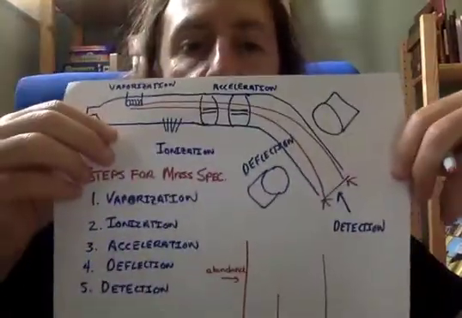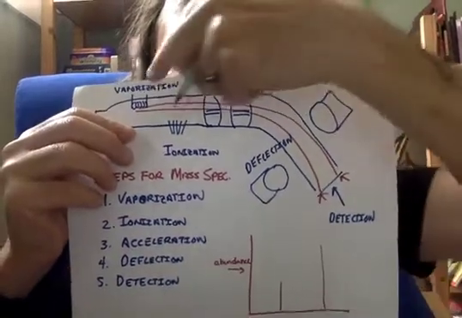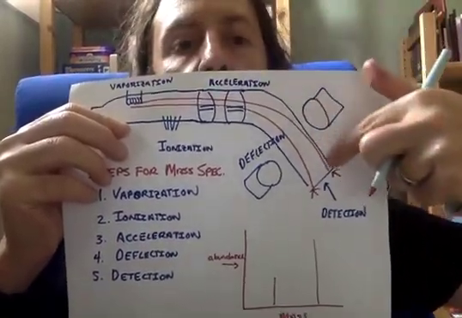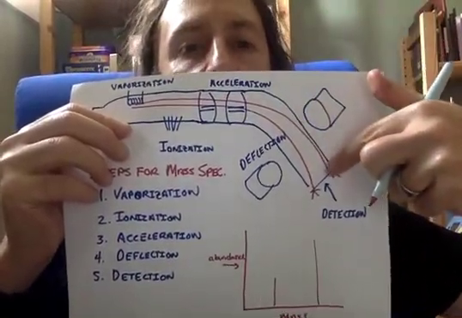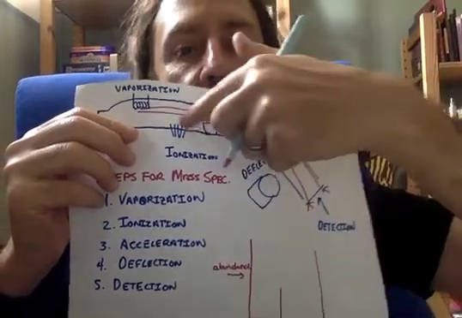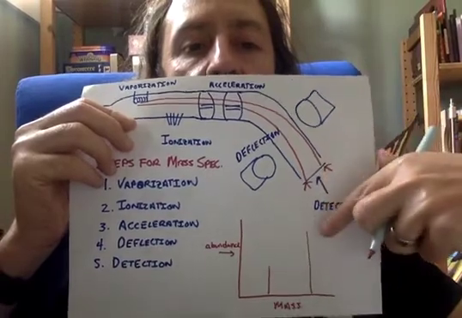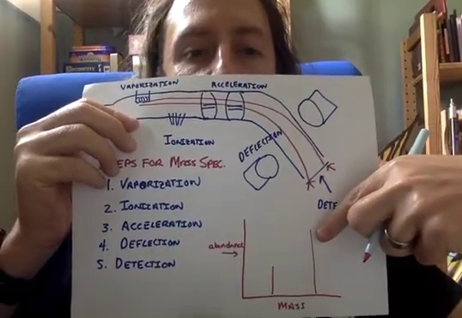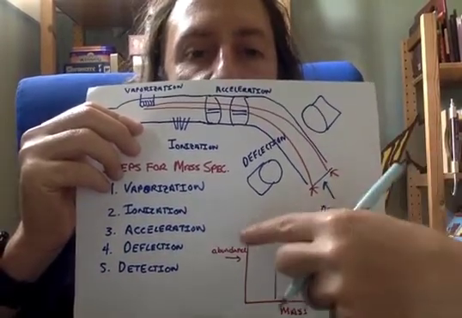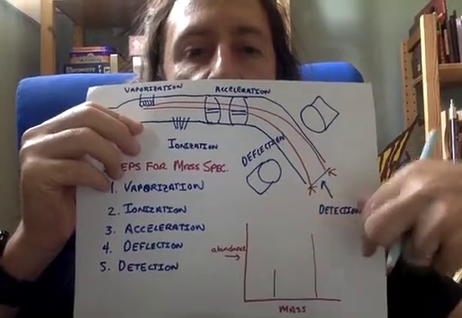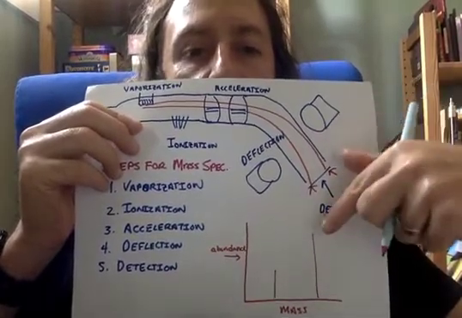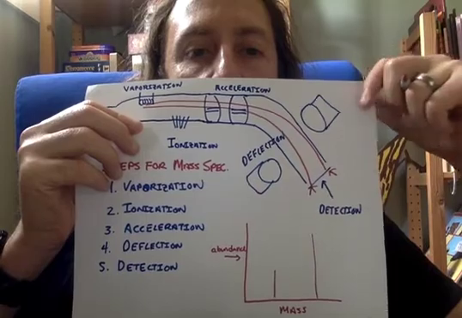And so you see the path here of the heavier isotope is going to end here. The lighter isotope is going to make a sharper turn and end there. And then we can use the mass spec to print out this nice little graph that has the abundance and the mass. And so we realize we have more of the heavier isotope.